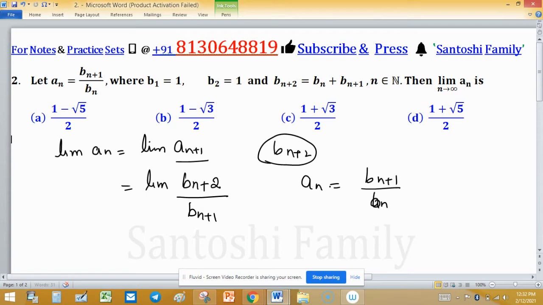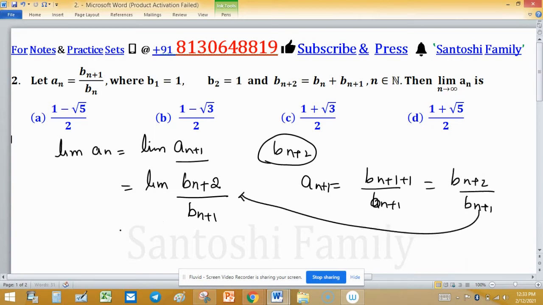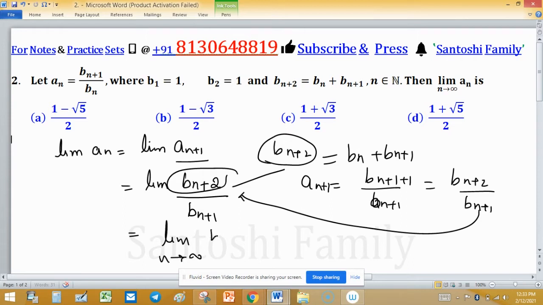If n becomes n plus 1, then plus 1 here and plus 1 here, we obtain b_(n+2) divided by b_(n+1). So I use this one, and b_(n+2) is given to us as b_n plus b_(n+1). Using it here, it will be the limit as n tends to infinity of b_(n+1) divided by b_(n+1).